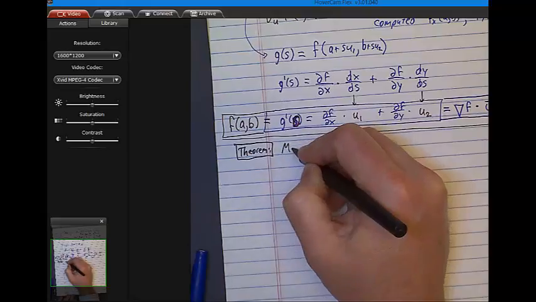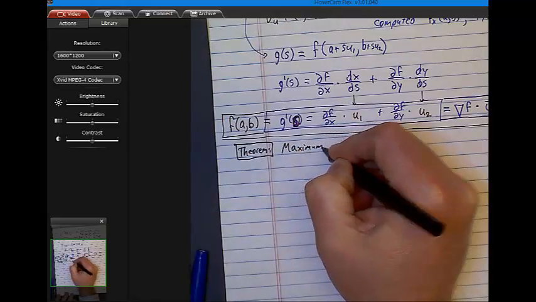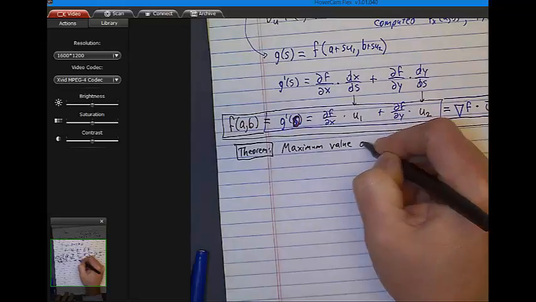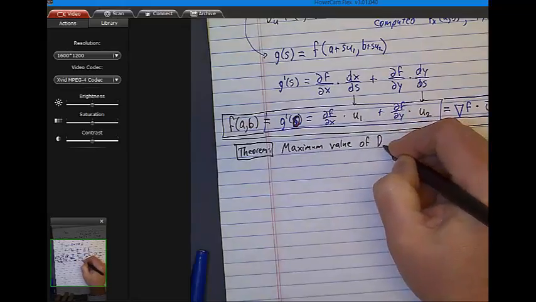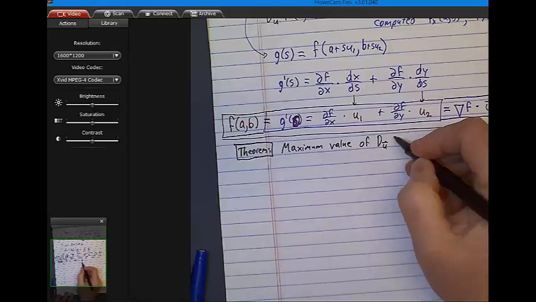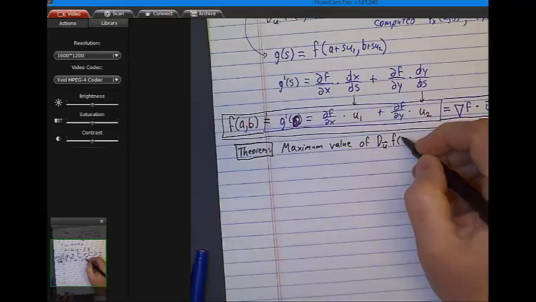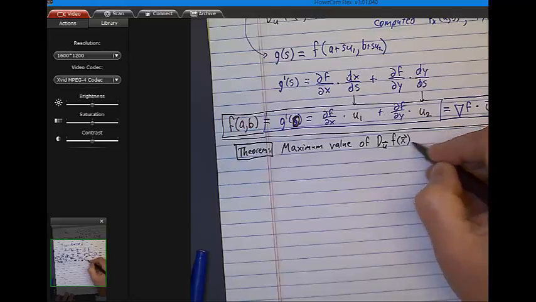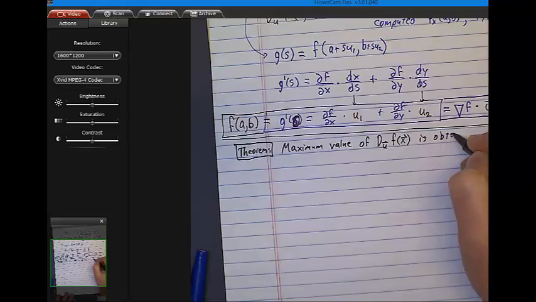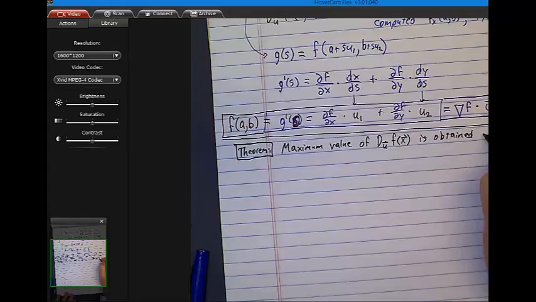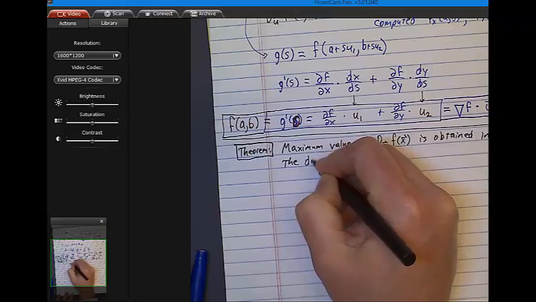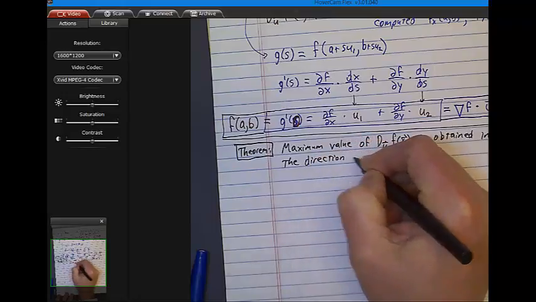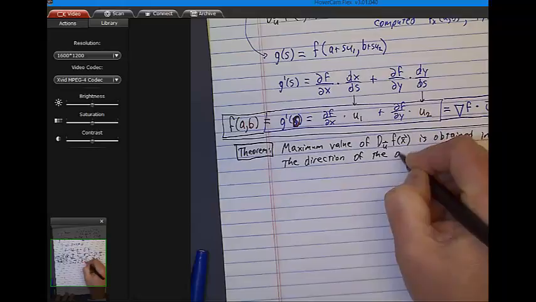The theorem is the maximum value of the directional derivative of f is obtained in the direction of the gradient.